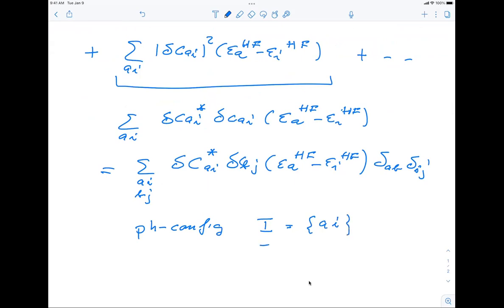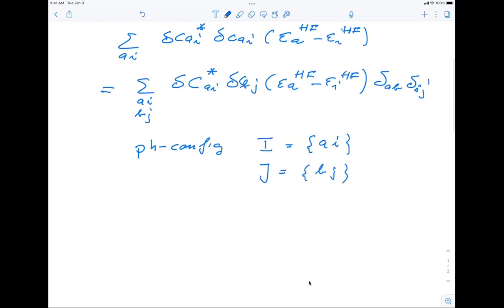And then I have a new one, J, which is given by B and J. So that means that I can rewrite this term as a sum over I and J, where I now have this delta C of I, delta C of J.